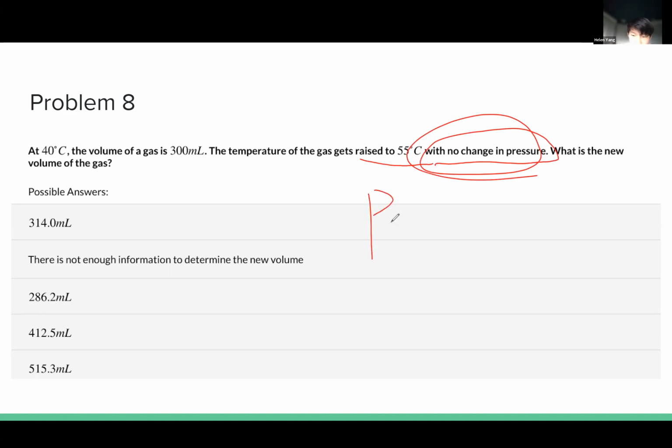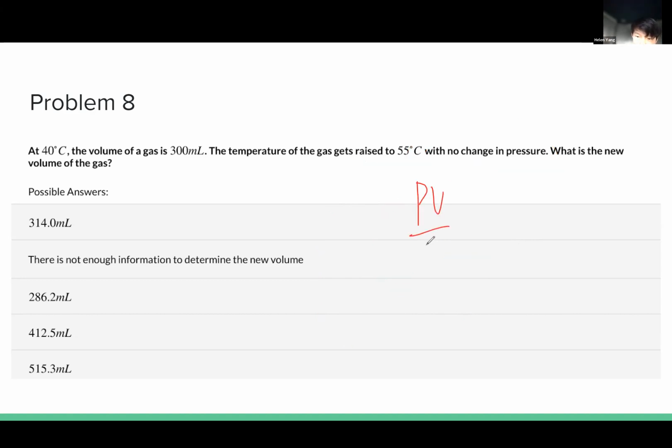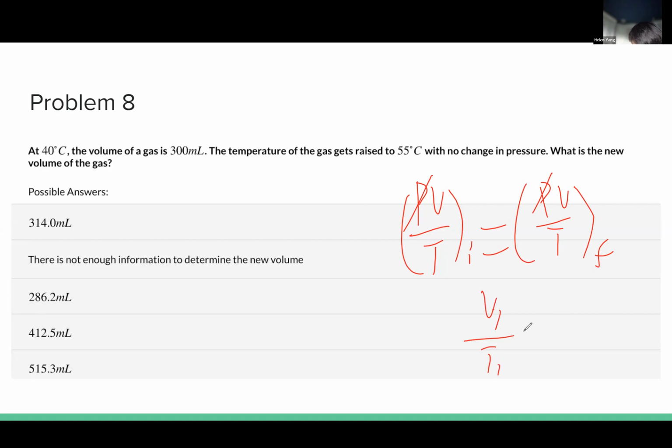So based on what we learned before, PV over T initial is equal to PV over T final. And since the pressure is constant, we get rid of that. So V1 over T1 is equal to V2 over T2.